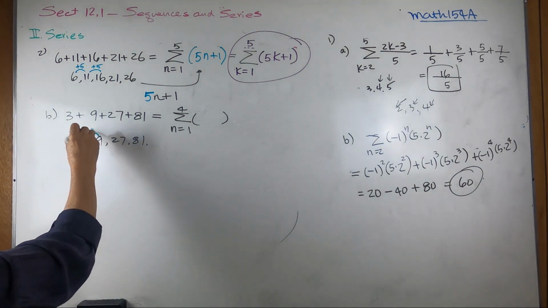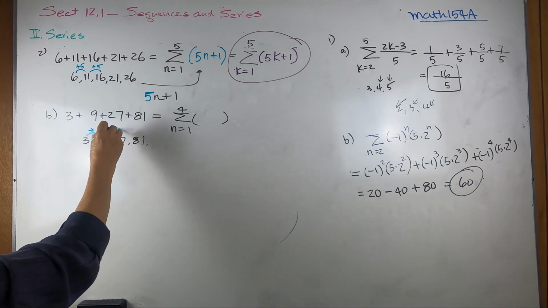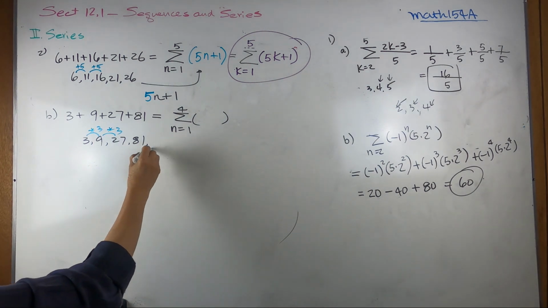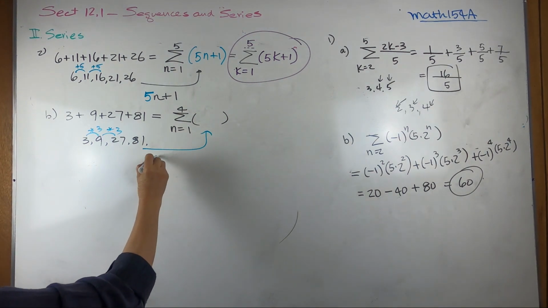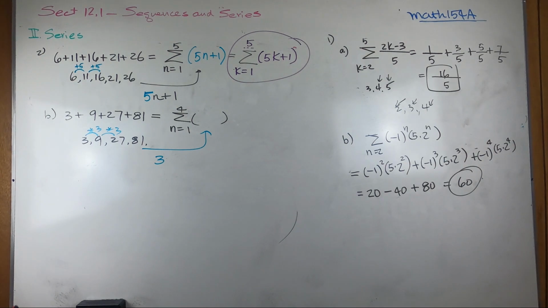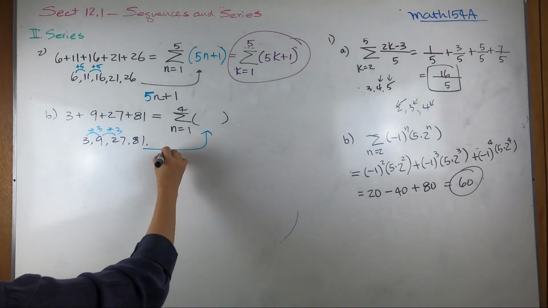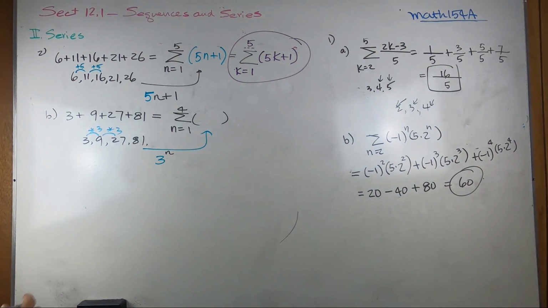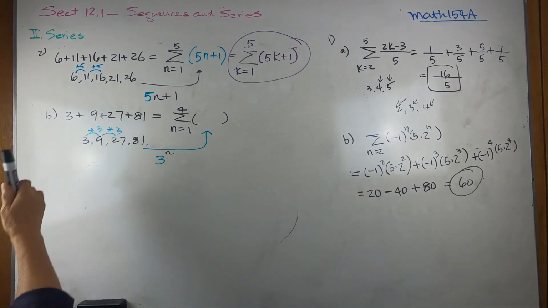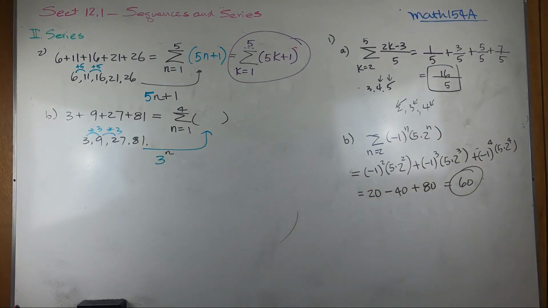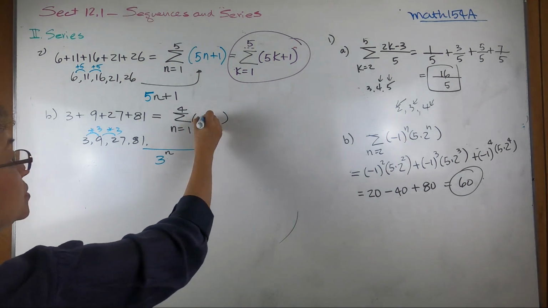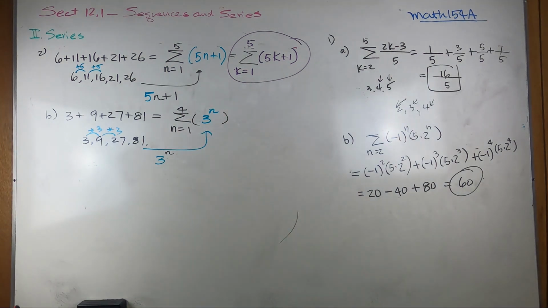We multiply by 3, right? So when we multiply by 3, you need to use 3 as a base to the nth power. Then we check. 1 is 3, 2 is 9. Correct. Okay? So we will put 3 to the n as the general term behind the sigma symbol.